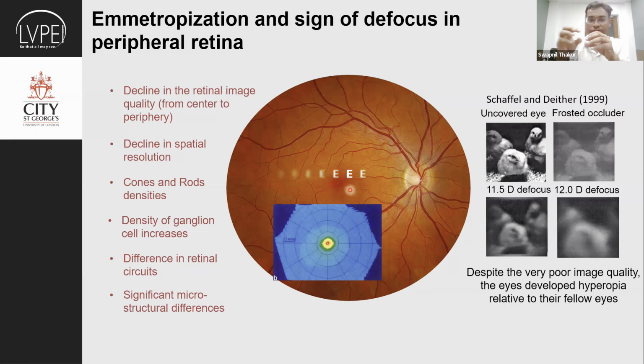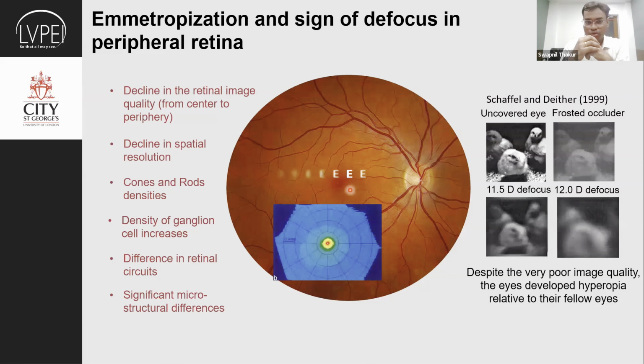Apart from this, since the number of cones drastically decreases from the center to the periphery, there is a decline in spatial resolution. The density of ganglion cells increases from the center to the periphery. When we go from center to periphery, there are differences in the retinal circuit, and other microstructural differences are there.